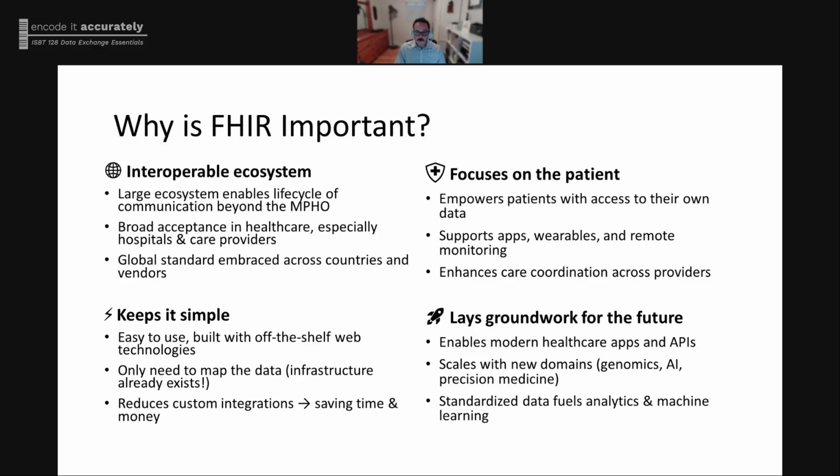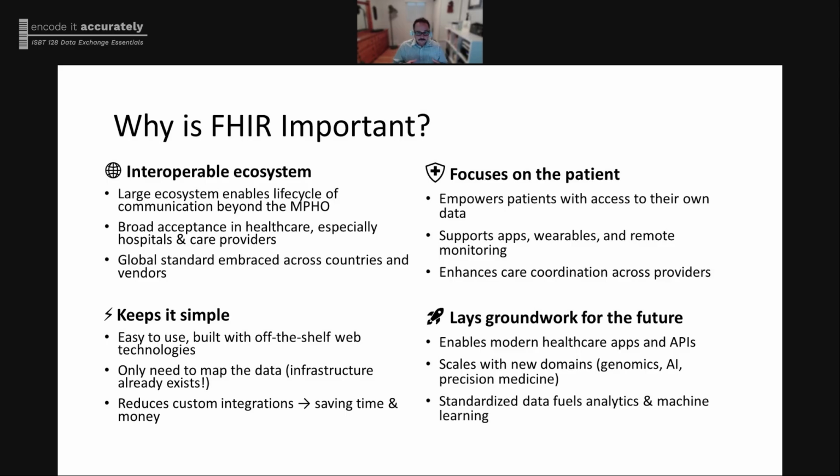FHIR supports a broad interoperable ecosystem beyond just products, connecting patients, providers, and vendors globally. It focuses on the patient, enabling apps, wearables, and better care coordination. It keeps things simple, leveraging web technologies to reduce integration costs.